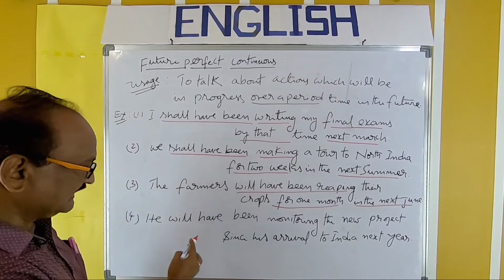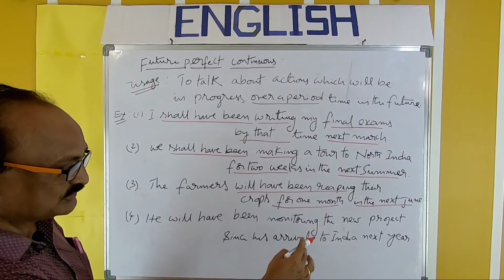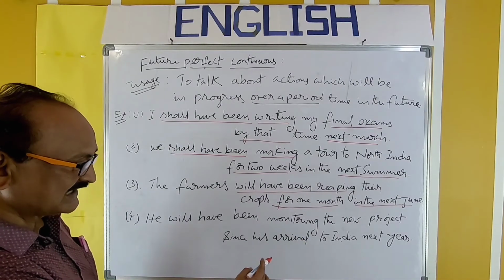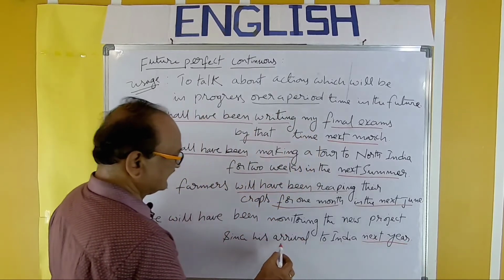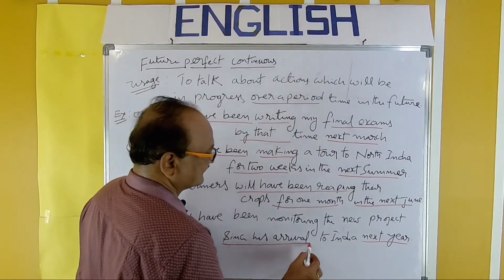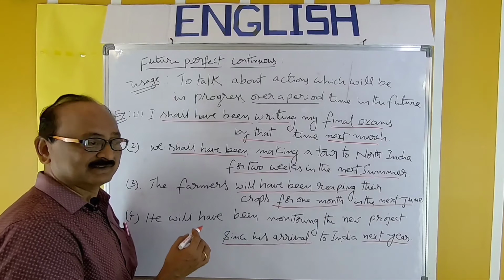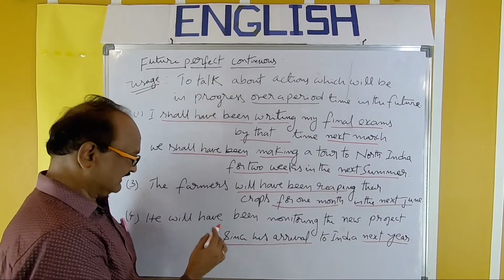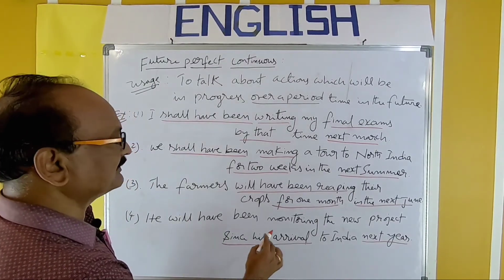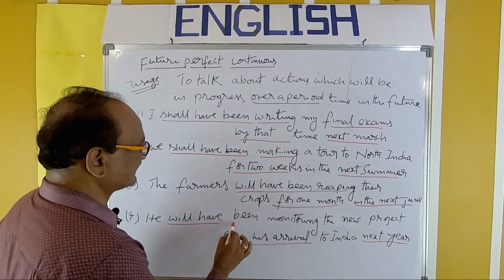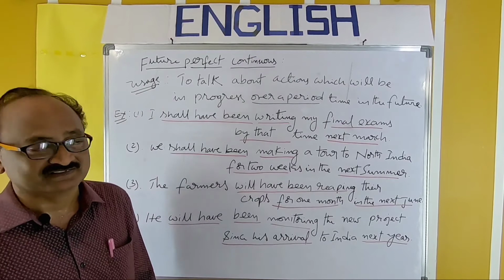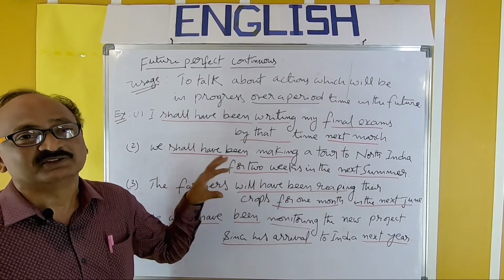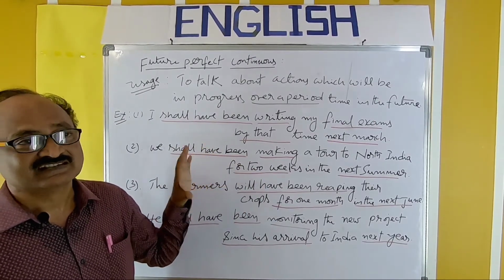Next, he will have been monitoring the new project since his arrival in India next year, referring to future time, and since his arrival. So it refers to a particular point also here. And he will have been monitoring. This is the pattern of future perfect continuous. So in this way, you have to use future perfect continuous.